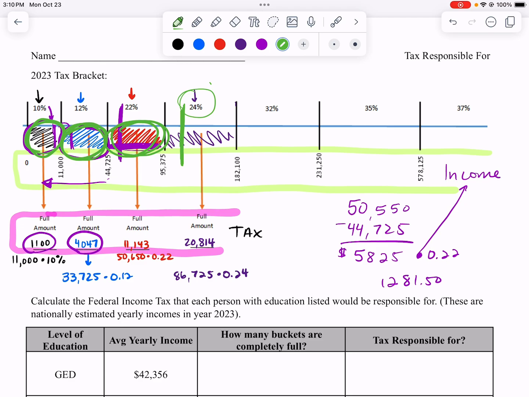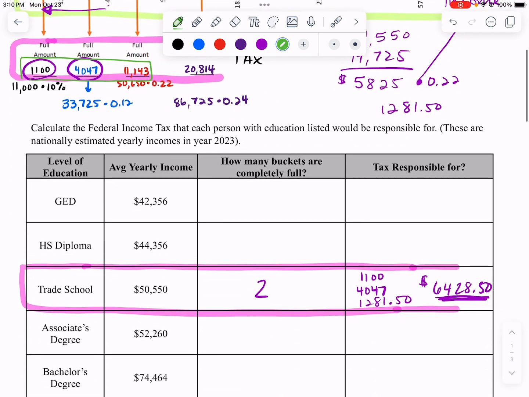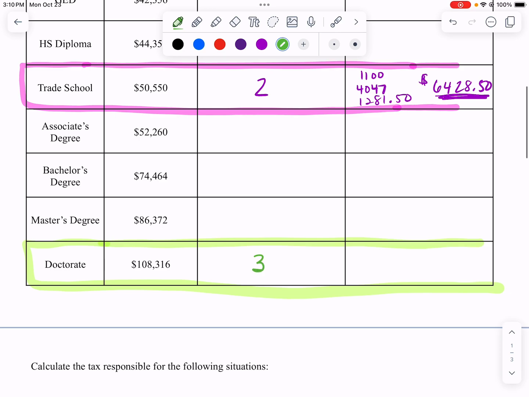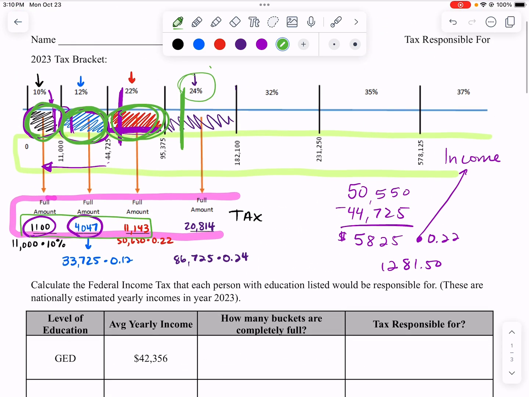So I know for sure I'm going to pay these 3 tax amounts at the bottom because I filled 3 buckets. So I filled 3, which means I'm going to pay $1,100, $4,047, and I'm also going to pay $11,143. But the fourth bucket I have to compute.